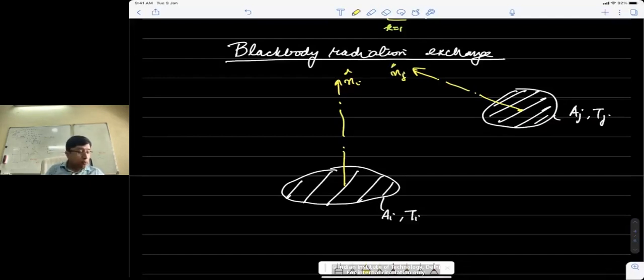Okay, so I want to calculate, for these two black bodies, what is the net radiation exchange between these two surfaces.